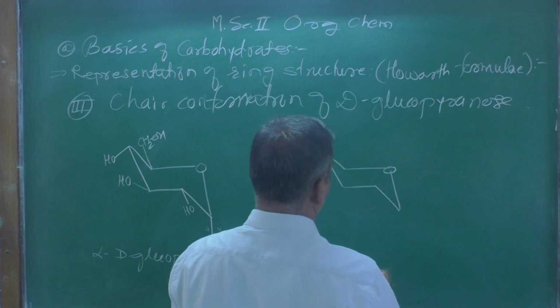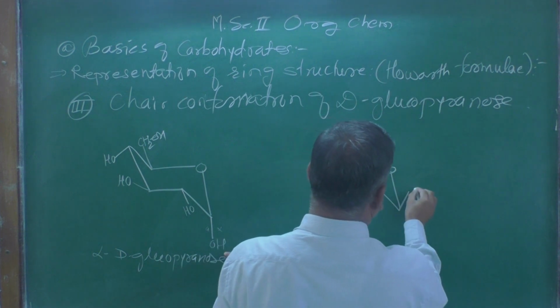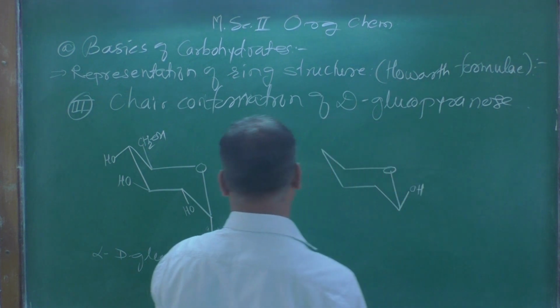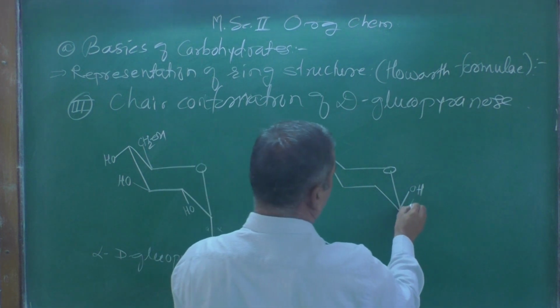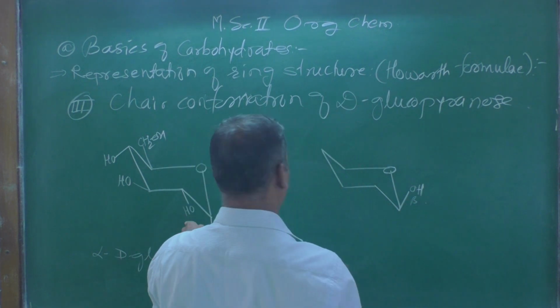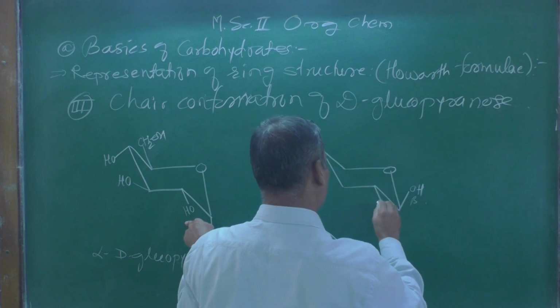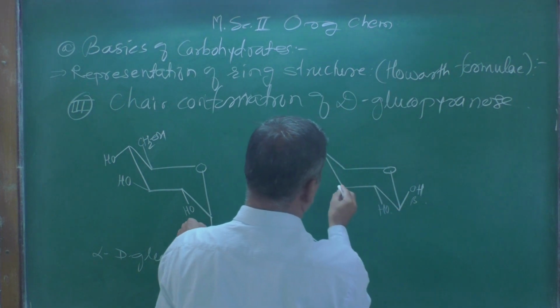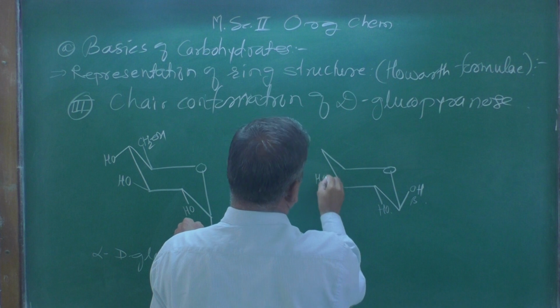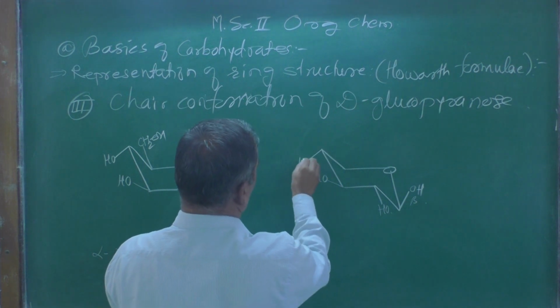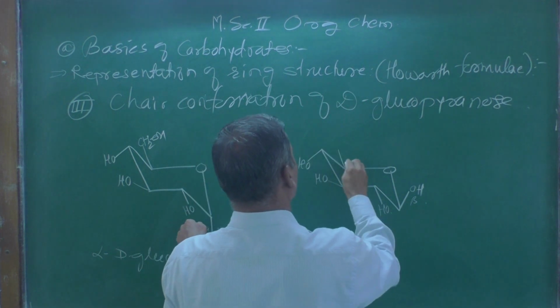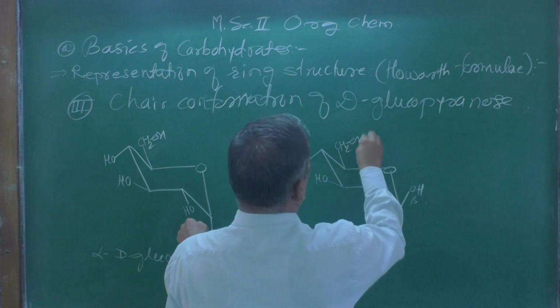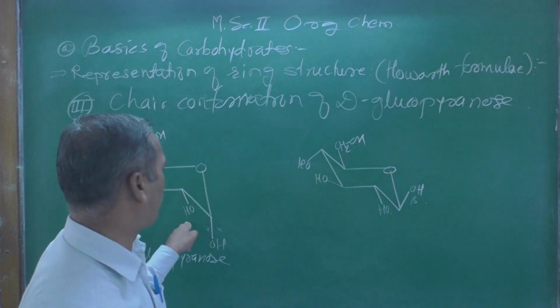Now the hydroxy group I am writing at the equatorial position. This is above the plane, this is the beta side, and the other bonds remain as they are. All hydroxy groups are at equatorial position like this, so here we are getting the all-equatorial form.